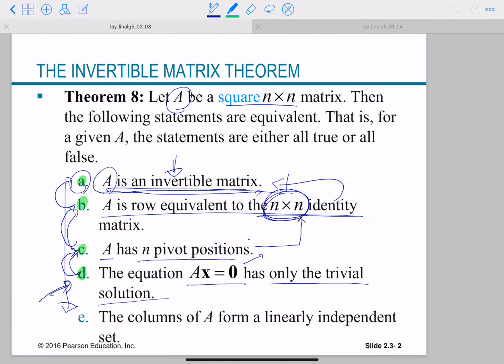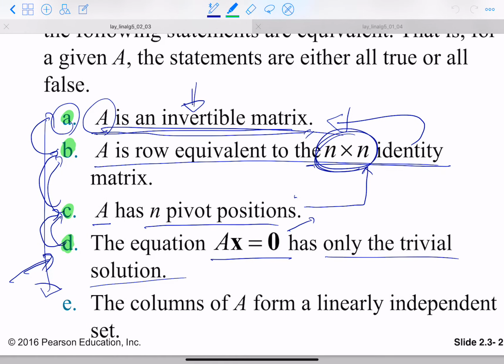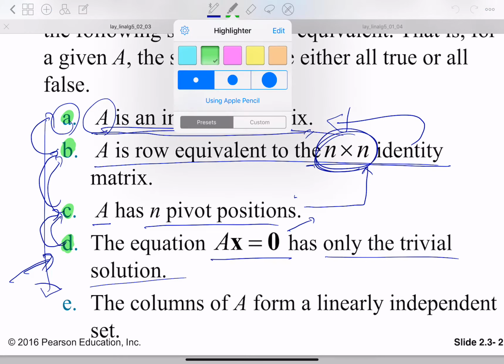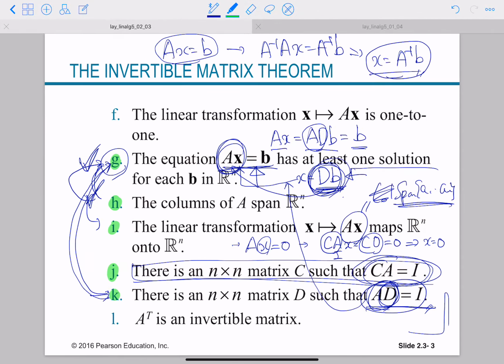And now let's move to D, E, and F. These are about linear independence, right? Having only the trivial solution for the homogeneous linear system is equivalent to the columns of A being linearly independent, right? That was part of our definition of linear independence.